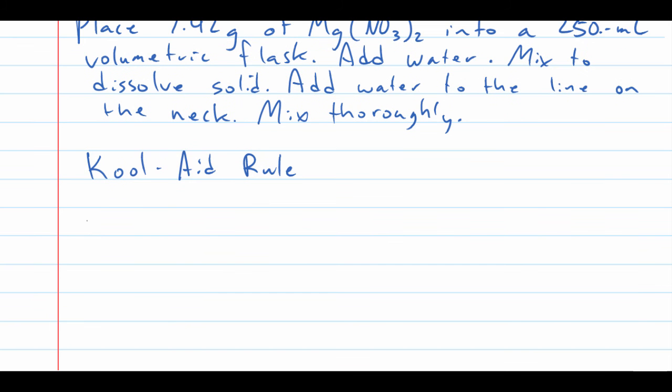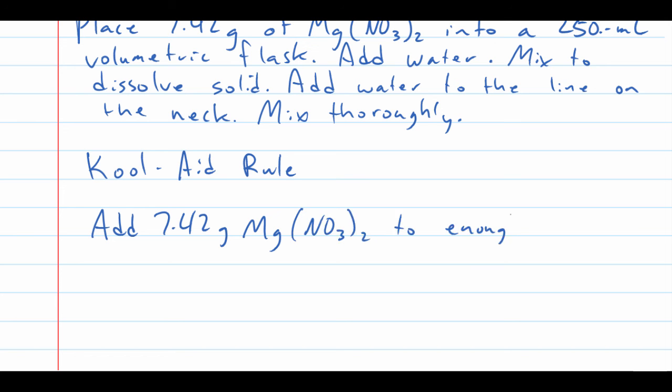Now, a very simple way you could do this is like this. We could say that we could add 7.42 grams of magnesium nitrate to enough water to make 250.0 milliliters of solution.